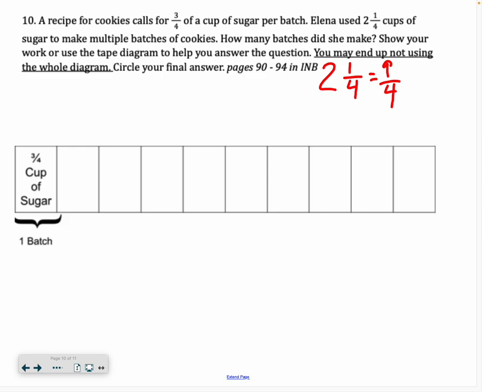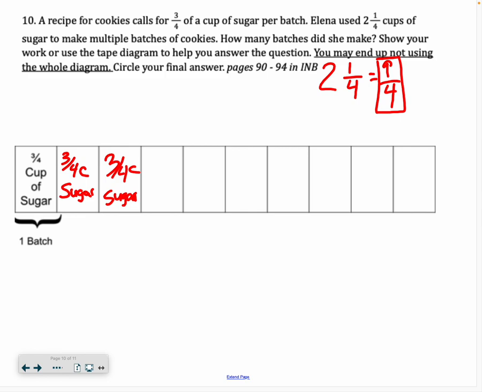I'm going to show you why that's going to be helpful. Because if I add another batch, which is another 3/4 cup of sugar, if I count 3/4 plus 3/4, that is 6/4, right? So if I add another 3/4, another batch, I was at 6/4, add another 3/4 onto 6/4, and that puts us at, look at that, 9/4.